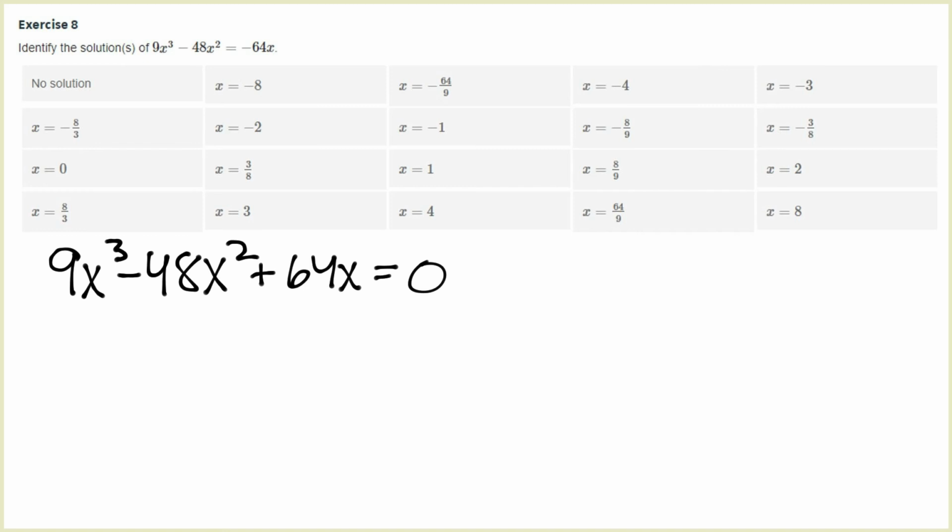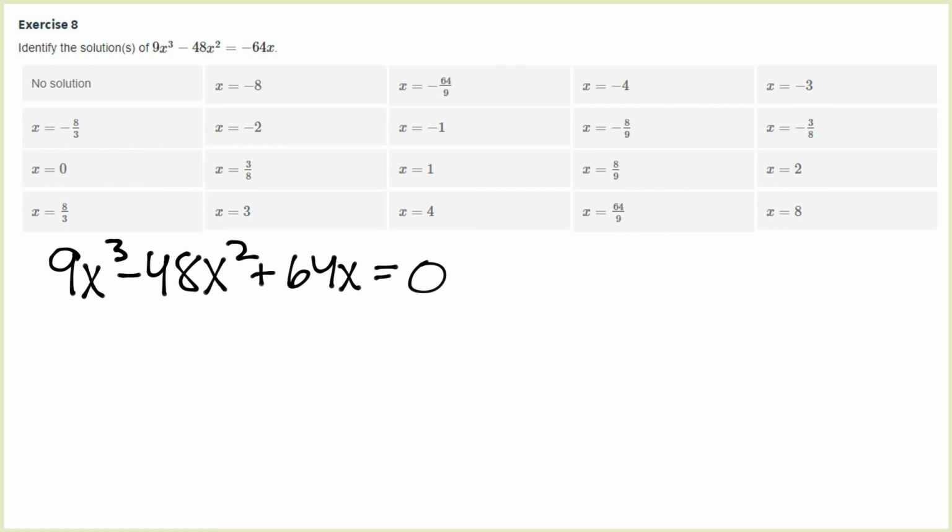Now, I need to take out the greatest common factor, if I can, before I put it into factored form. In this problem, I can't think of a number that goes into 9 and 48 and 64 evenly. So I think my greatest common factor is an x, because I see that every term has at least one x.